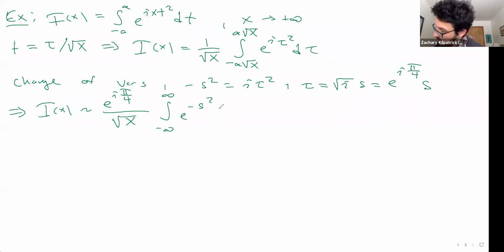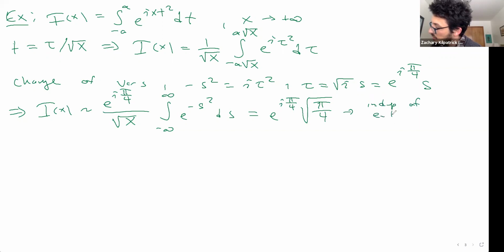And then I have a Gaussian integral that I can compute, and I end up with e to the i pi over 4 square root of pi over x. And that's going to be independent of our endpoints here, right?